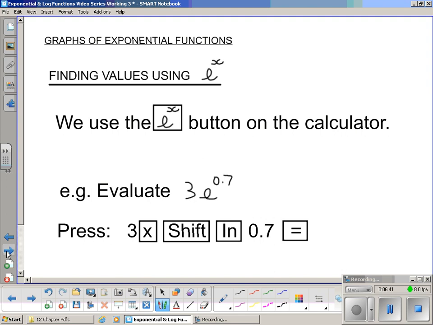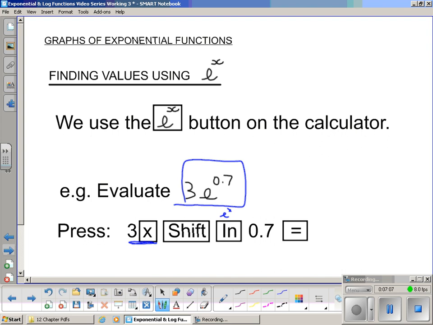Okay, now finding values using e to the x. I hinted at this ln button, or shift ln process, before when I was talking about the value of e. If we have to evaluate something like 3 times e to the 0.7, we'll use that process again. These are the button presses on our calculator. 3 times, shift ln will get that e to the x happening.